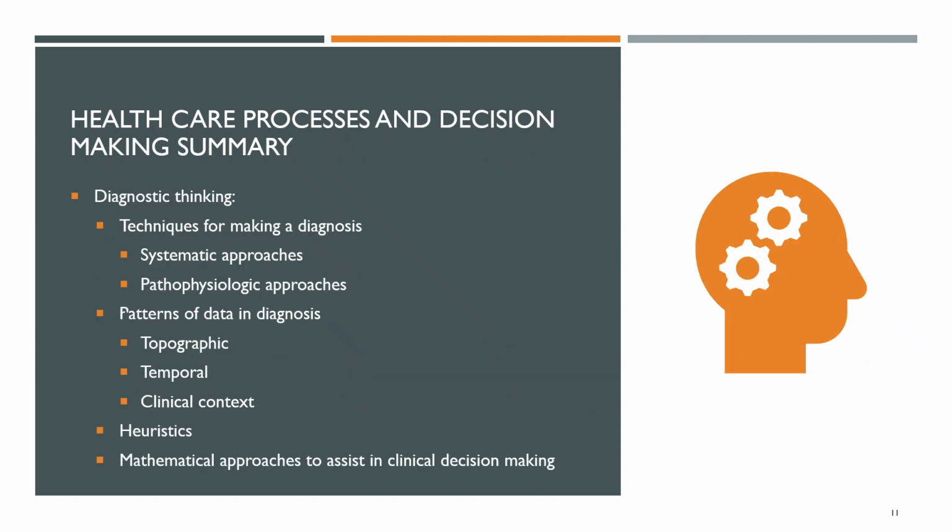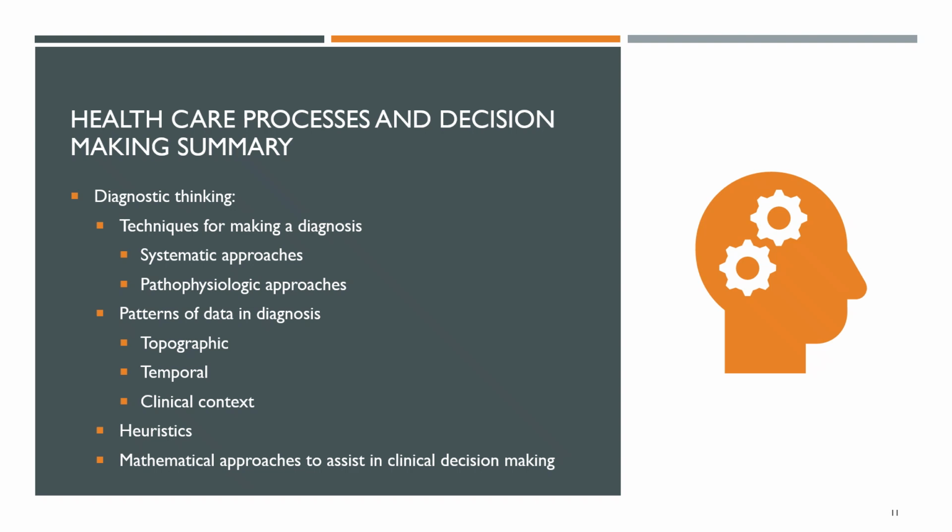In summary, in this lecture, we explored how clinicians think and the different approaches they use to reach a diagnosis and make decisions. We looked at techniques for diagnosis, systematic approaches like VINDICATE to ensure no possibility is overlooked, and pathophysiological approaches, which analyze breakdowns in normal processes such as bilirubin metabolism in jaundice.